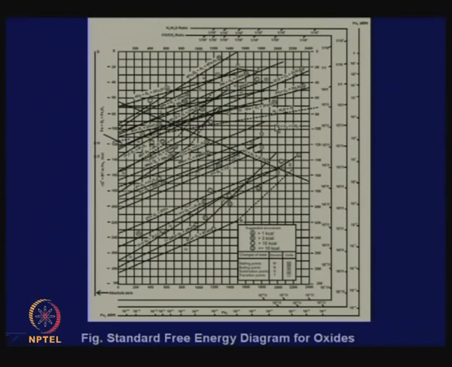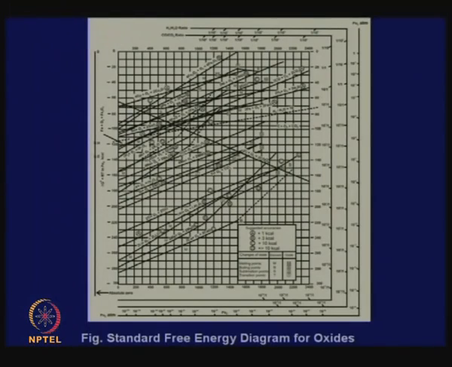There is no entropy change in this. Now, all these lines are parallel, because you have written them in terms of only O2, and that is why if we did not write in terms of O2, if we represented these lines writing in terms of one molecule of the oxide, then things will get complicated.